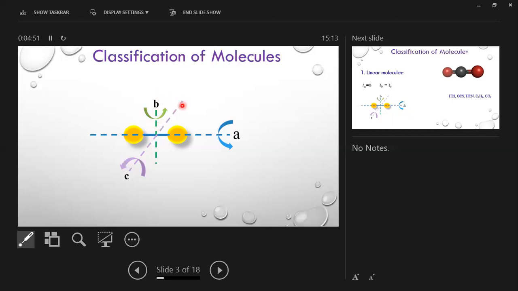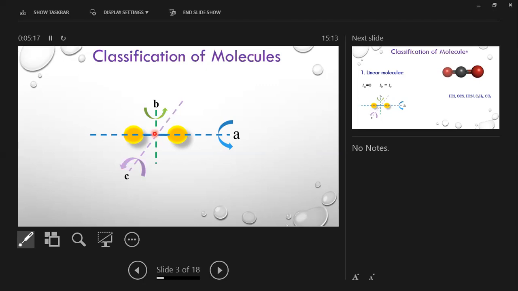The third one is perpendicular to both these two axes, which is termed C. This axis is perpendicular to the screen. These are the three different axes, and the principal moments of inertia about these three axes are denoted by IA, IB, and IC respectively.